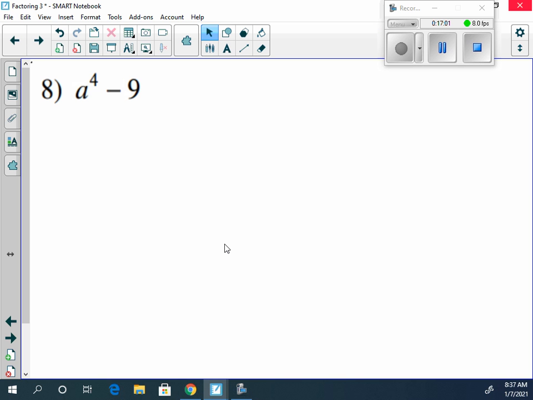A to the fourth minus 9. Is this a difference of perfect squares? Okay, so I'm going to write this out since we're not going to jump through it. So 9 would be what? 3 squared. How can I rewrite a to the fourth as something squared?